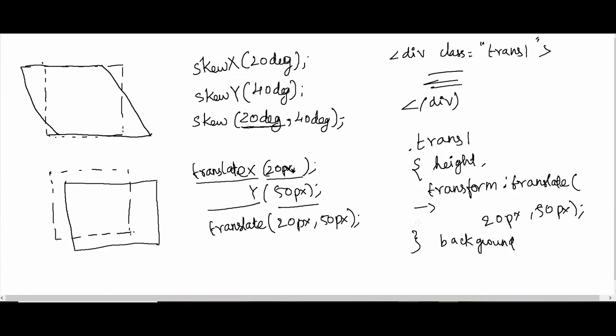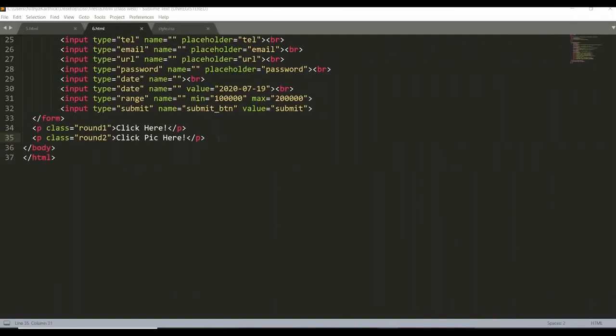Now let me move on to shadow, text shadow. This is very important and also a very easy topic. For that I'm just going to create a simple paragraph with a class called text shadow.